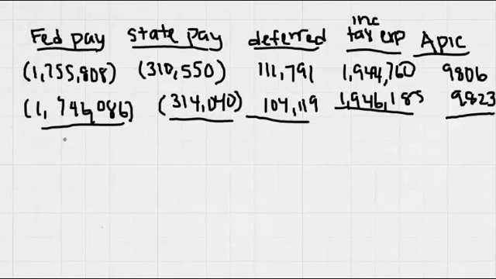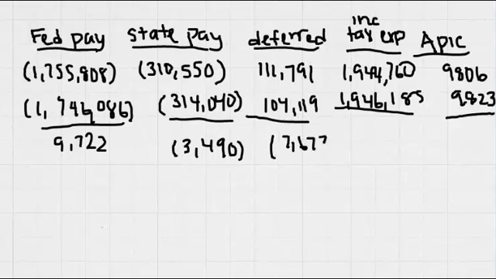Okay, and so really just finding the difference here. So we have a decrease in the payable. So our payable went down, therefore it's going to be a debit to payable. Less liability. Our state payable went up, so we're going to credit payable 3,490. Okay, and our DTA went down, so it's going to be a credit 7,673.